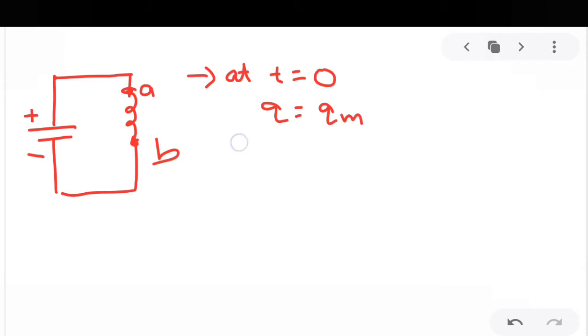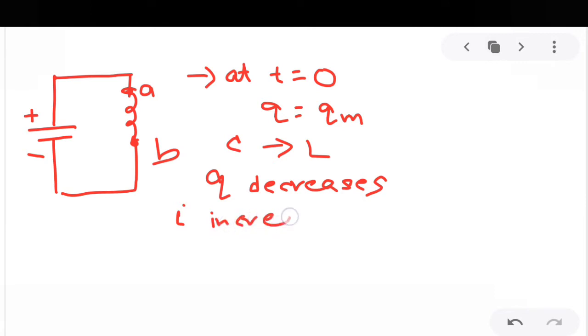Now the capacitor is connected to the inductor. Once it is connected, what happens? Q starts decreasing, the charge on the capacitor decreases. And when Q decreases, what happens to the current? The current starts increasing. Current increases implies di by dt is greater than 0.